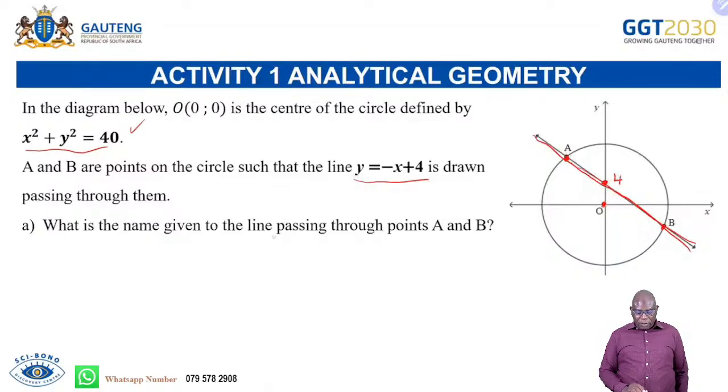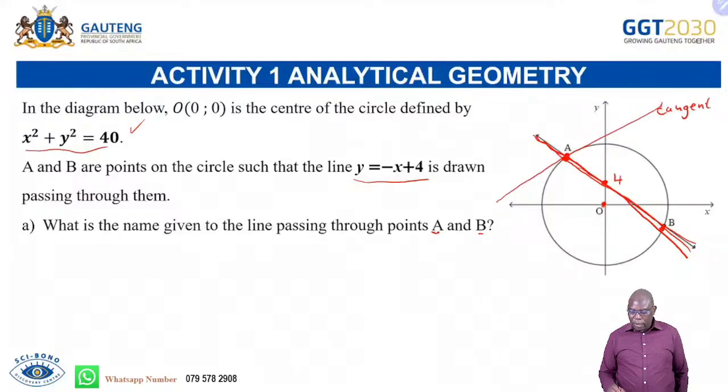What is the name given to the line passing through A and B? Here's a line passing through A and B. It is touching the circle at 2 points. So if it's touching the circle at 2 points, what do we call this line? I know when it is touching the circle at 1 point, for instance at A, that line is called a tangent.